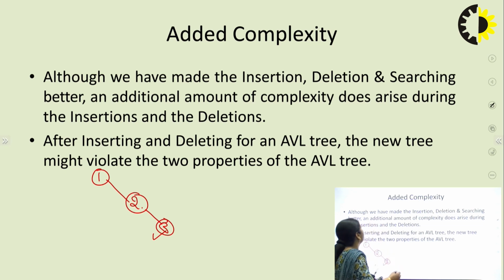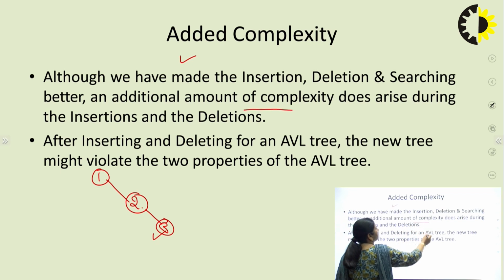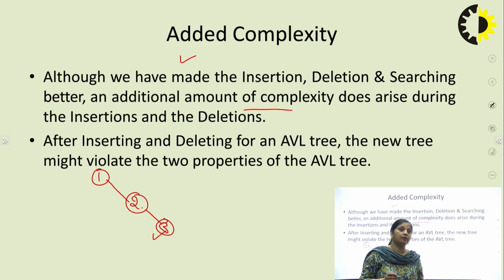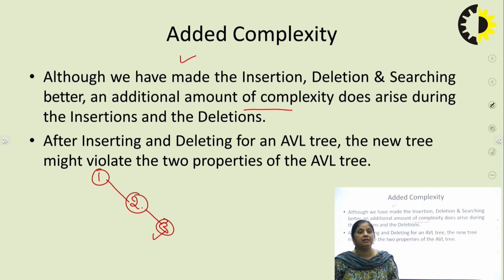So that is the added complexity. When I am doing insertion, deletion or searching, an additional amount of complexity arises during insertions and deletions, because one insertion or one deletion may create a height difference of 2, and what we desire is a difference of 1 or 0.